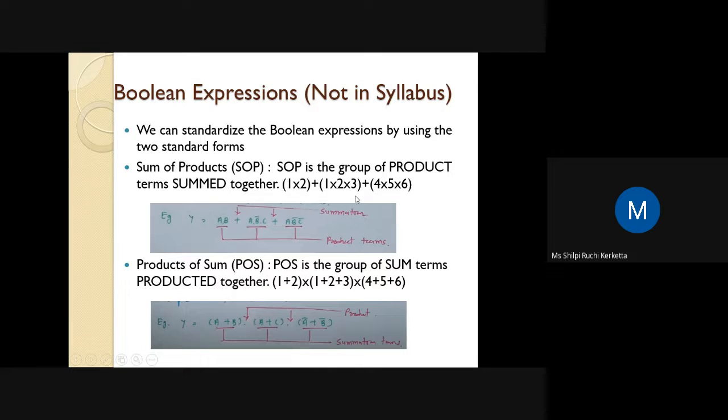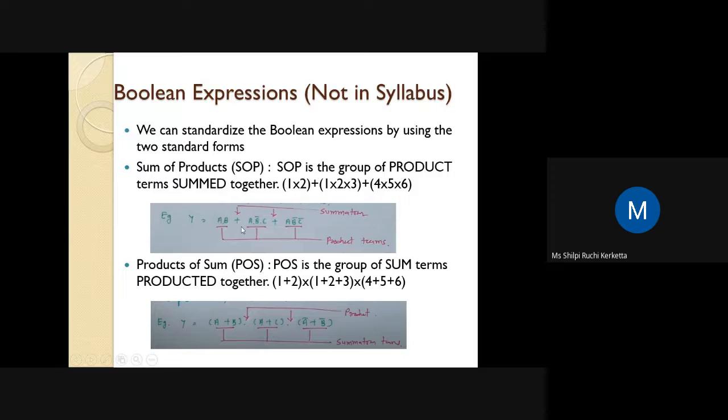If we have an equation like this, the dot means an AND gate, or multiplication. Here we have another AND gate, and here another AND gate. So these are three AND gates, and these are the product terms. As it is sum of products, we then sum all the products.